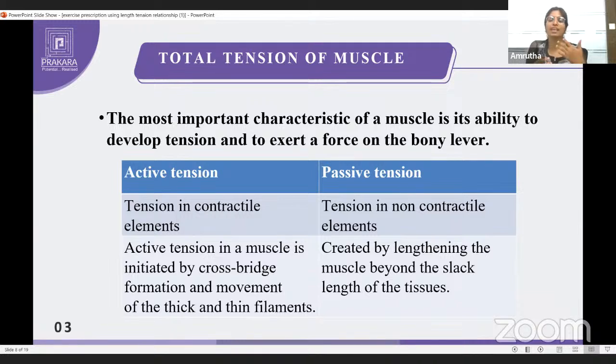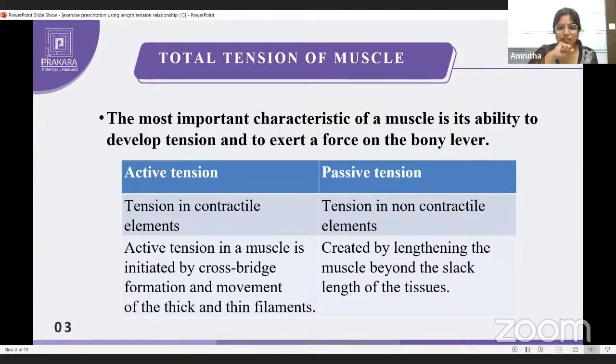So what exactly is sarcomere tension, or the tension of a muscle? If my muscle is not having this particular character, tension, there is no musculoskeletal system without this tone or muscle tension.